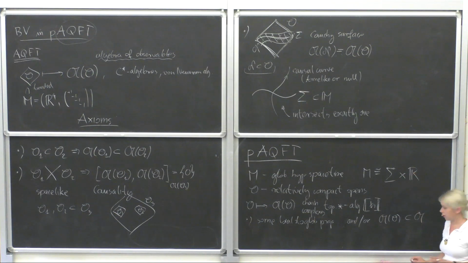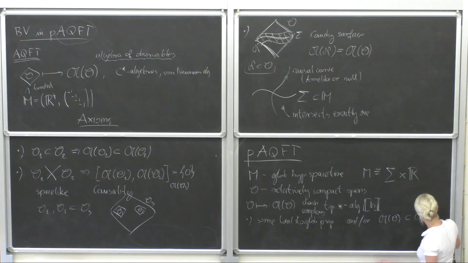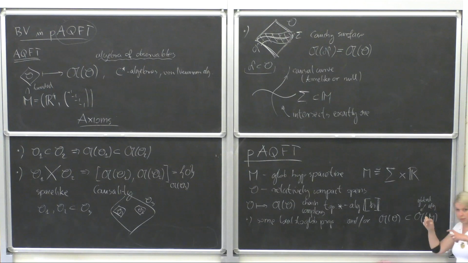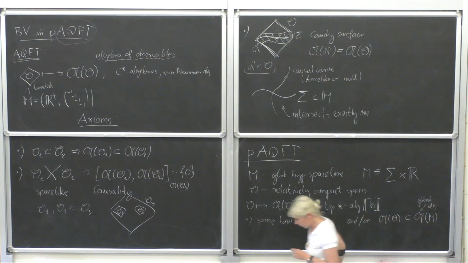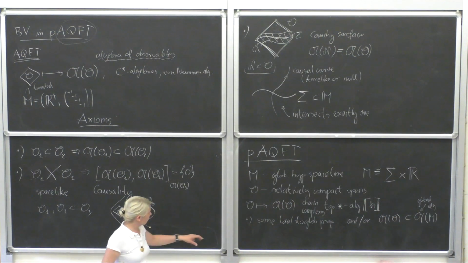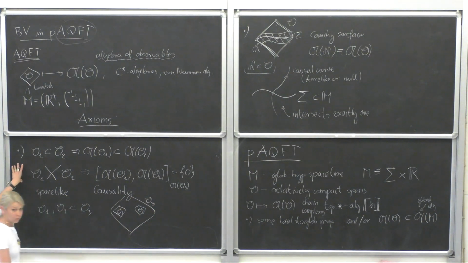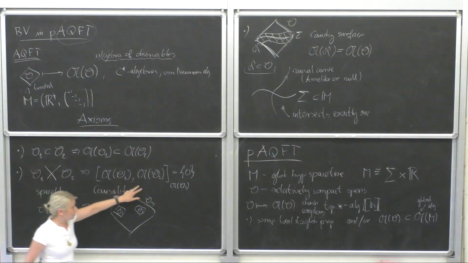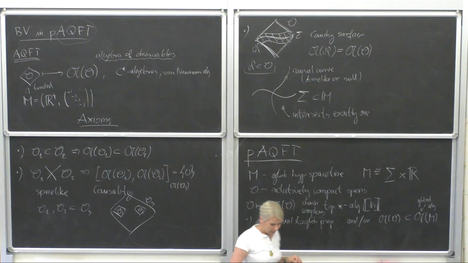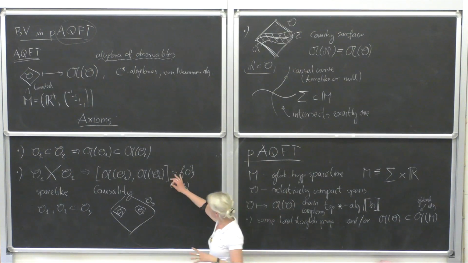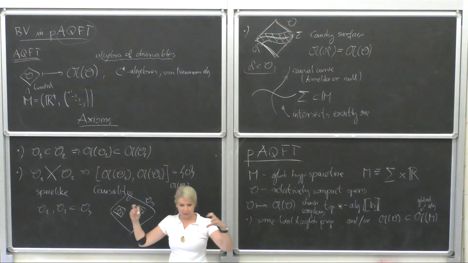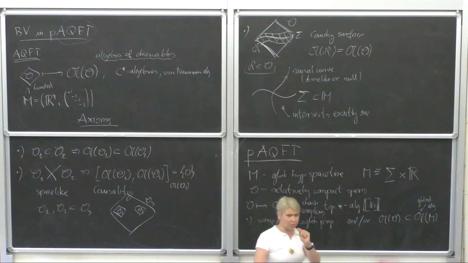Doesn't matter how I get it. So there is some global algebra, so that I can make sense of this commutation. Moreover, now I go to this axiom: there is this nice commutation at space-like distance.